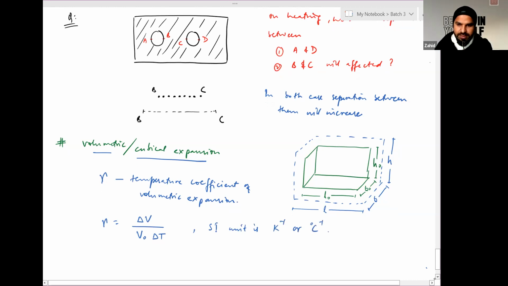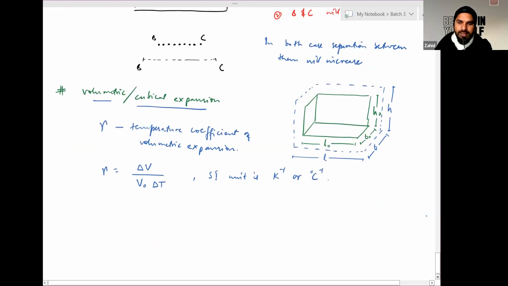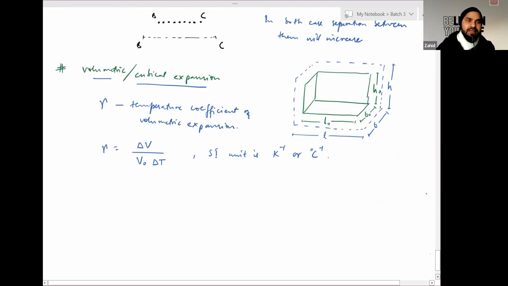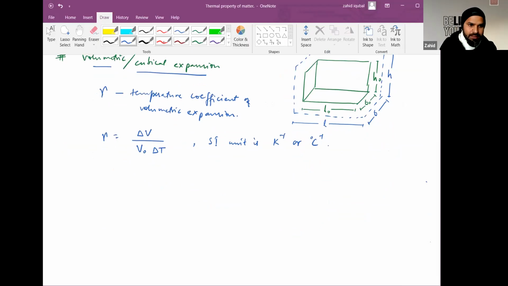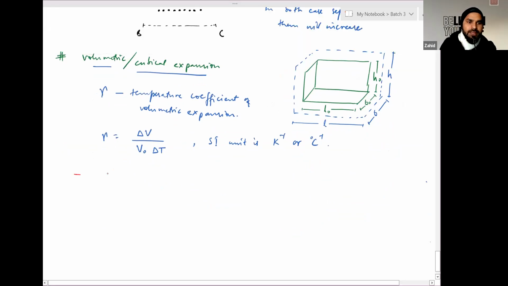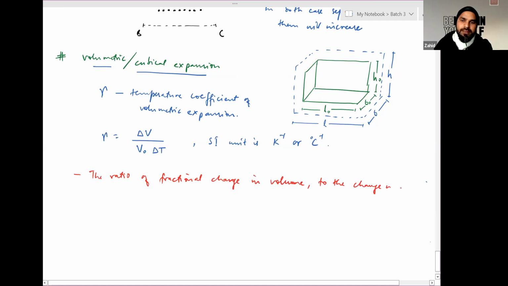We define gamma similarly to alpha and beta: it is the ratio of fractional change in volume to the change in temperature.